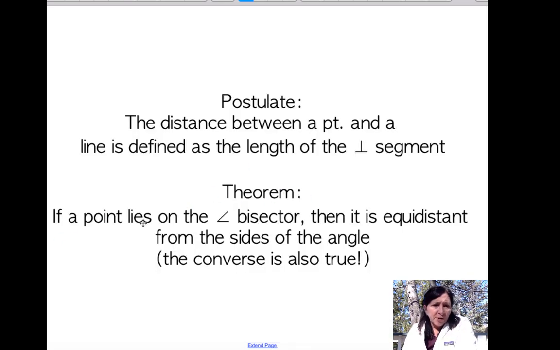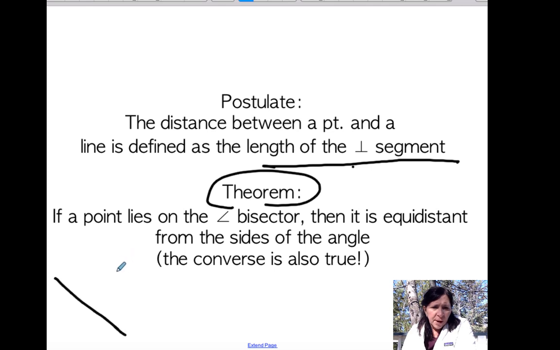So a couple of postulates. The distance between a point and a line is defined as the length of the perpendicular segment. The theorem states if a point lies on the angle bisector, so you have an angle bisector, so there's my angle, here's my angle bisector. If a point lies on the angle bisector anywhere, then it is equidistant from both sides.